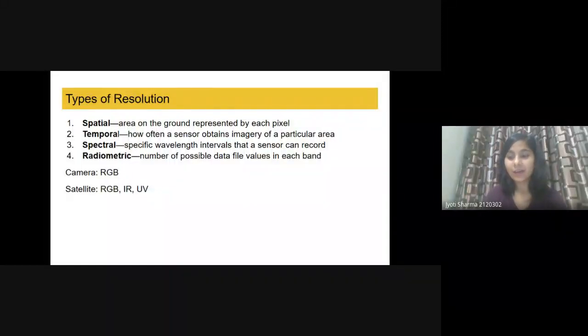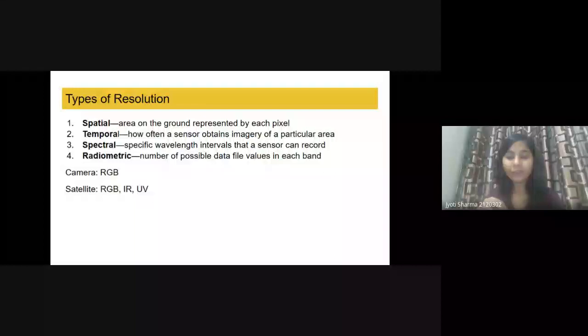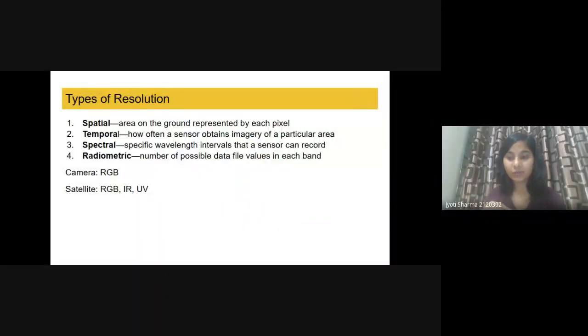This is how often the satellite comes back to the same place and gives you the same picture. So it is a kind of frequency. You may get the image daily, weekly, in 16 days, or in 1 year. So this is temporal resolution.